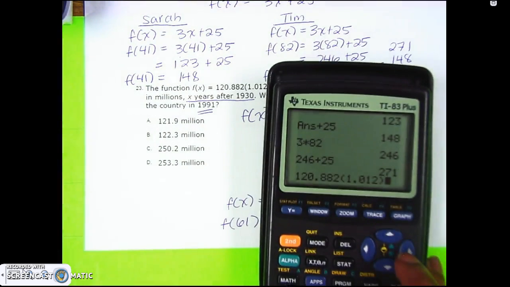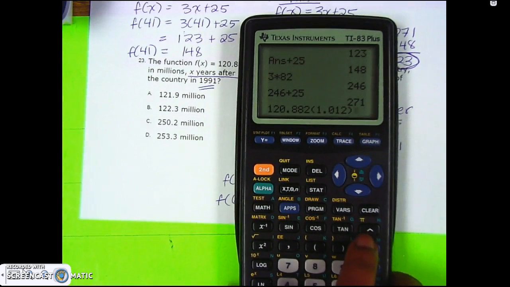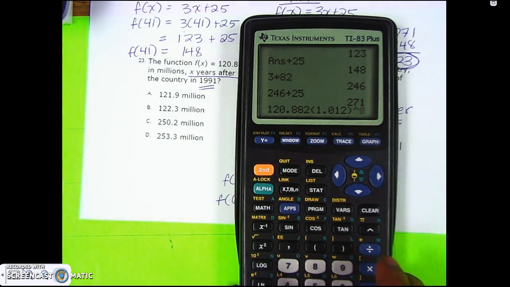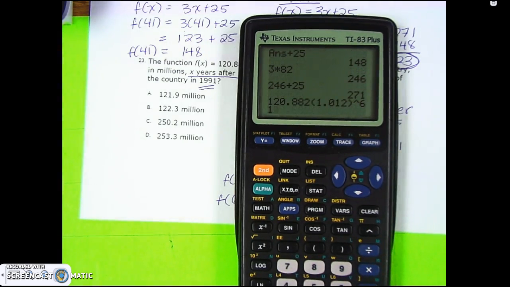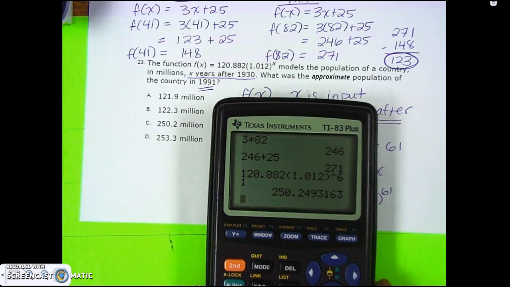If you do not know how to make your exponent in the calculator, you hit this key right here. This key is called the caret button. So hit that and then raise it to the 61st power. That equals 250.249.